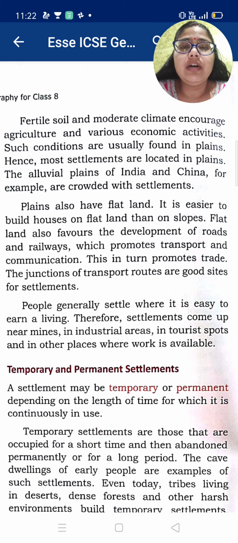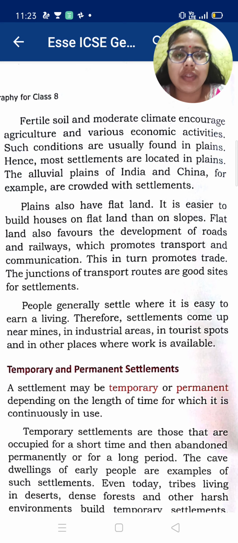The alluvial plains of India and China, for example, are crowded with settlements. So, alluvial plain, we already have heard the term in geography, that alluvium is a good fertile soil. Okay, and which is found in India in the region of Uttar Pradesh and Bihar, because we have so many rivers flowing through these regions, which bring a lot of floods every year, and in turn they bring a lot of sediments, okay, which make these areas fertile.